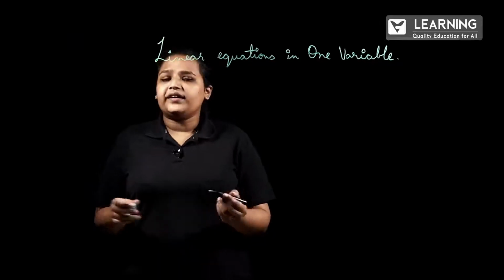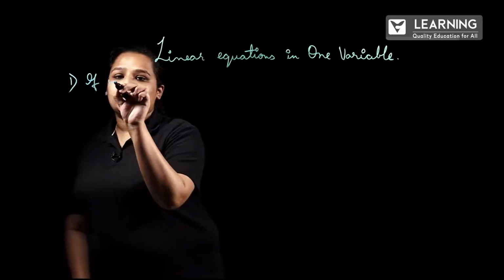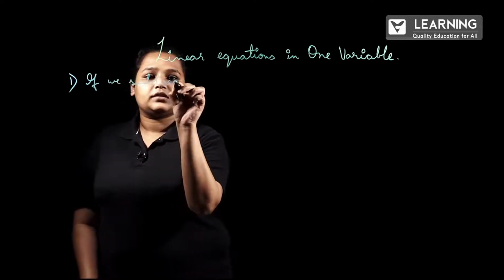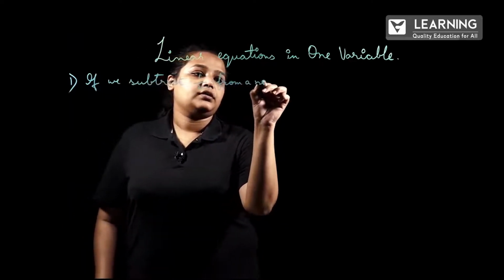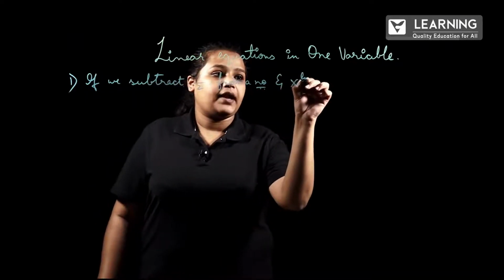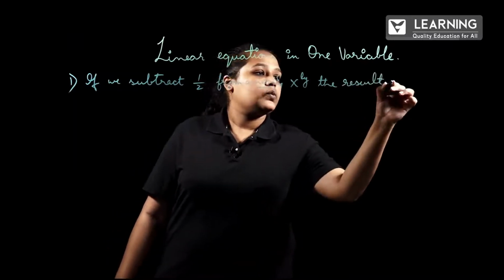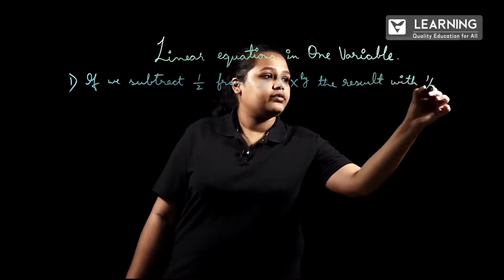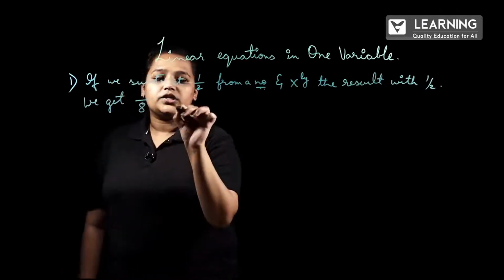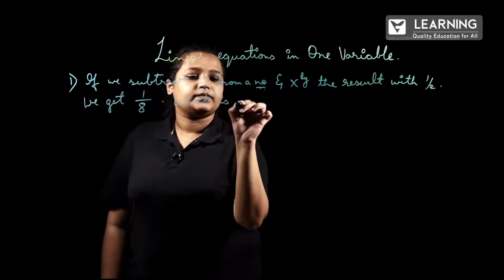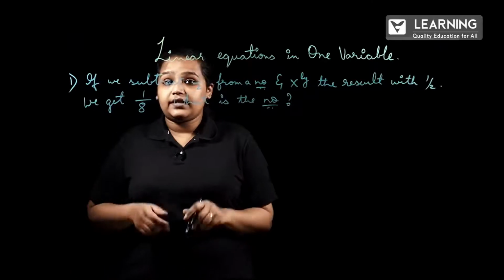Let me take the problem: if we subtract half from a number and multiply the result with half, we get 1 by 8. So, what is the number? What if they have given a question like this?